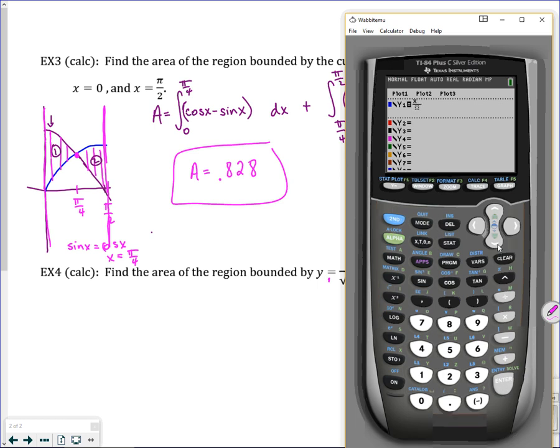So I have x over the square root of x squared plus 1. So I have that in y1. And then I have x to the 4th minus x minus 1.